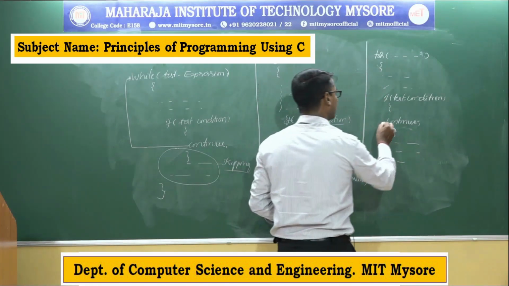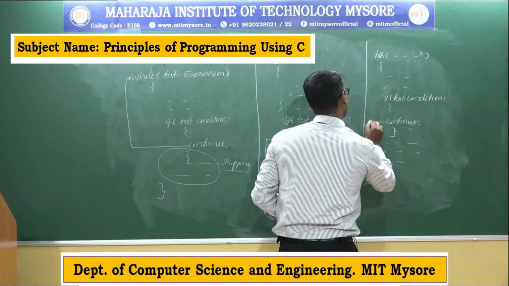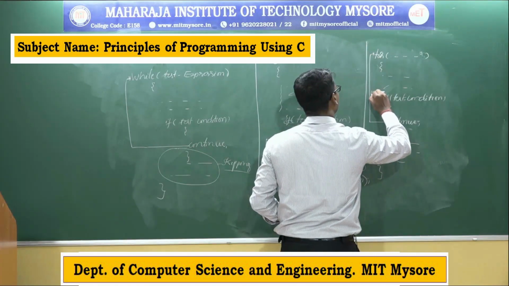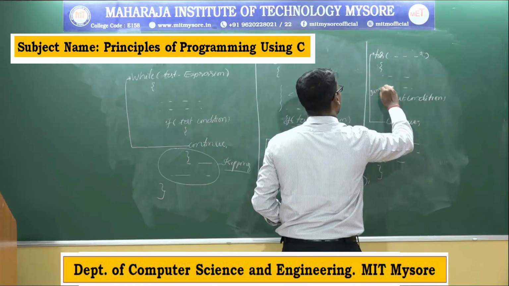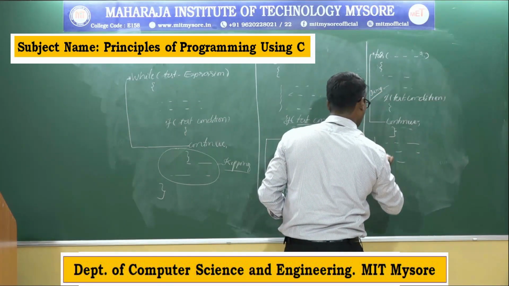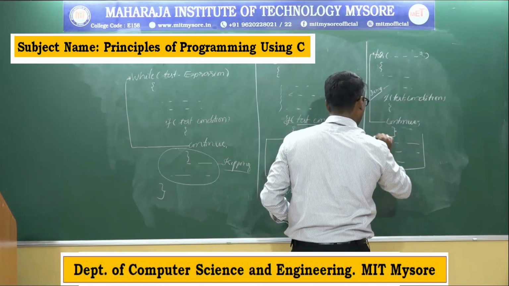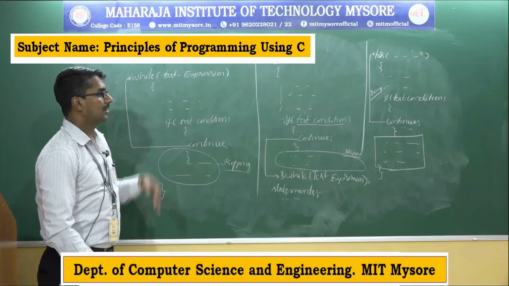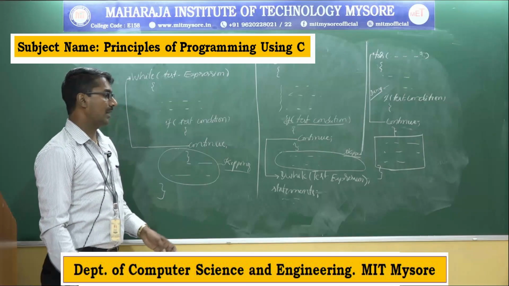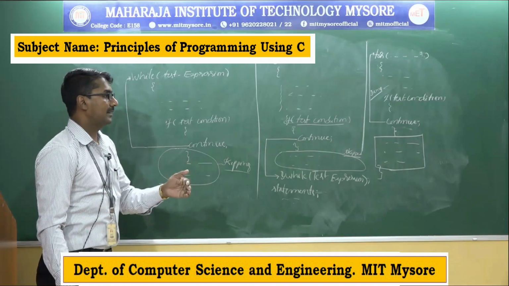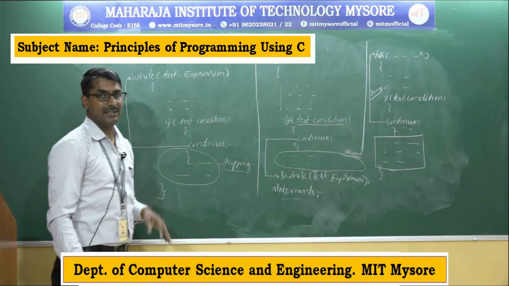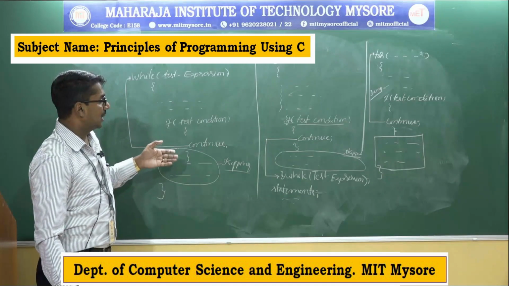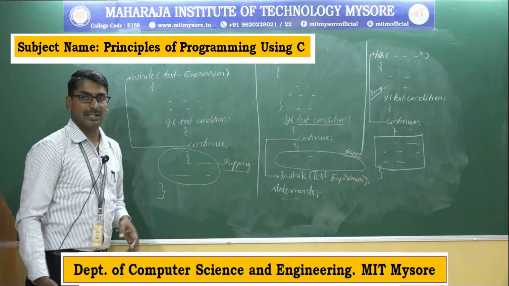So in the for loop, once the continue statement executes, the control is transferred to the for loop and skips this part of the statements. In the break statement, it skips the entire statements in the loop, but in the continue, it skips only some statements and it will execute the remaining iterations. This is the general form of the syntax of the continue statement.